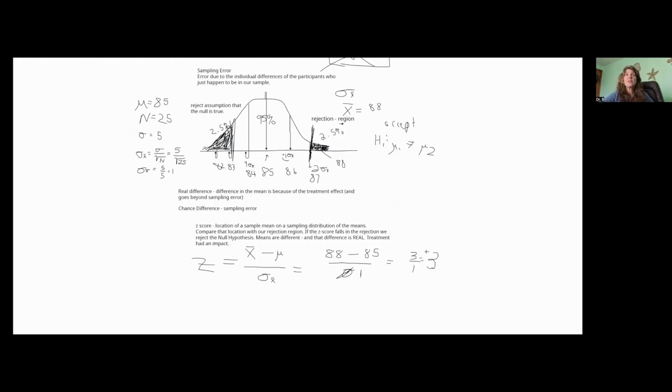So the only thing left to determine is, how do we determine our rejection region? Well, we know approximately 5% of the population is above positive 2z and below negative 2z. The exact value is plus or minus 1.96.